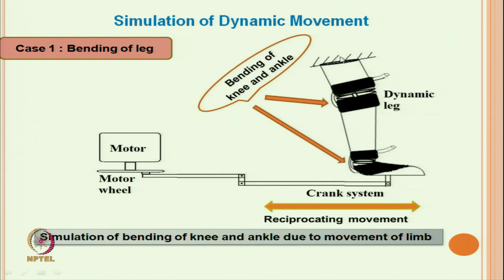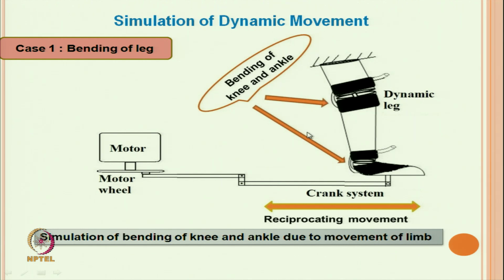Here the mannequin is developed in such a fashion that the knee and ankle can be bent, and this is done by using one motor with a crank arrangement, and this crank system reciprocates. It will generate a reciprocating movement such that the leg and knee portion will bend. This simulates the bending of knee and ankle due to limb movement, due to walking or running or jogging.